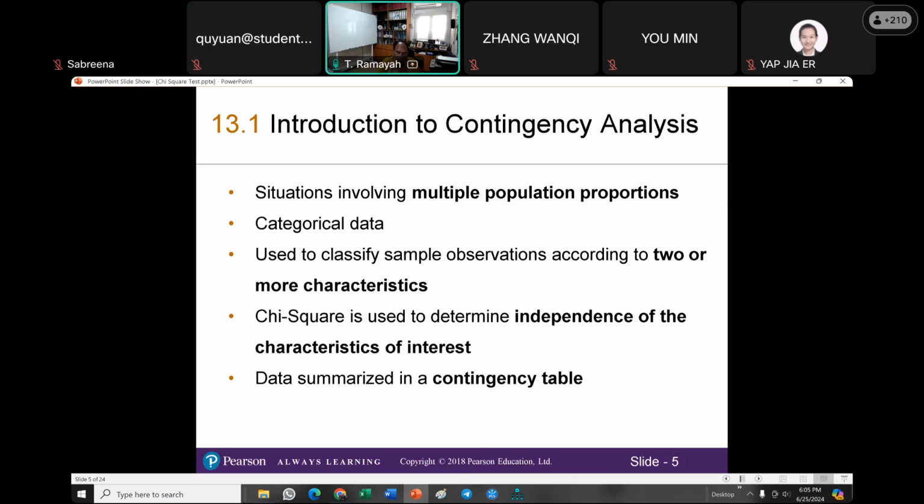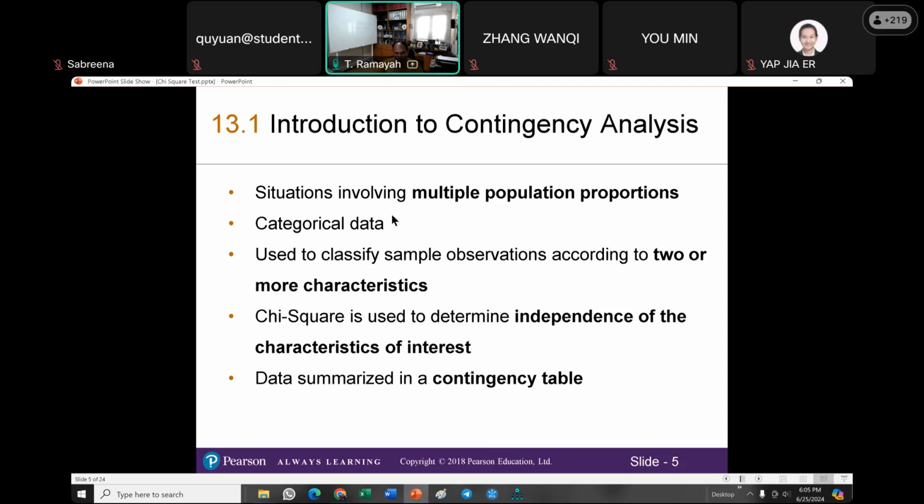For a contingency table, we will have at least a 2x2 table, or any size greater than 2x2. A 2x2 will give you 4 proportions, 2x3 will give you 6 proportions, 3x3 will give you 9 proportions. And these variables are all categorical.